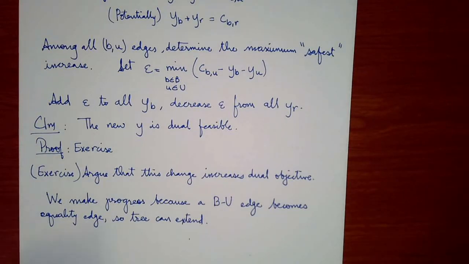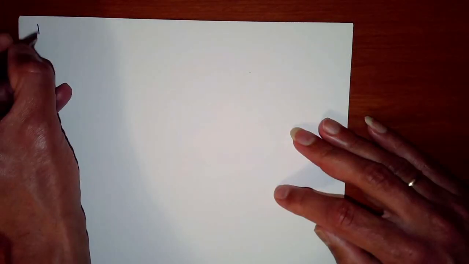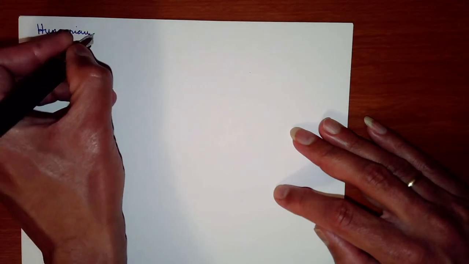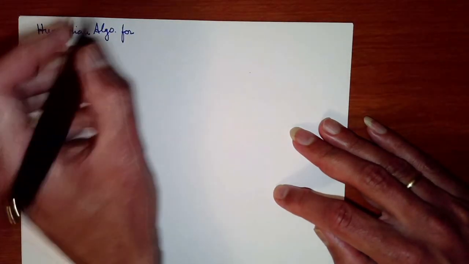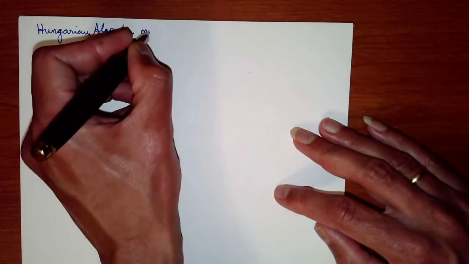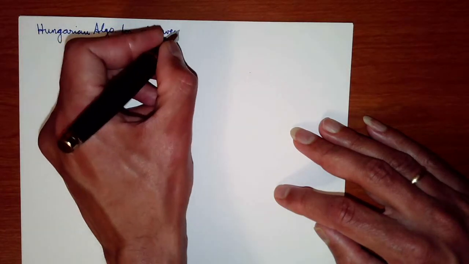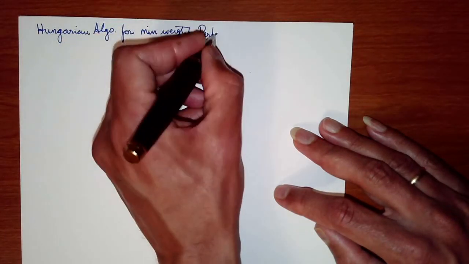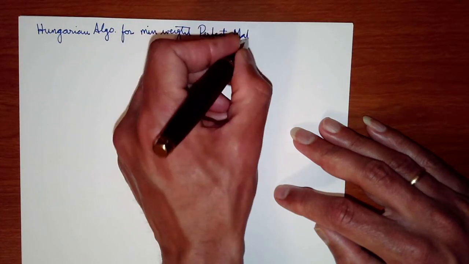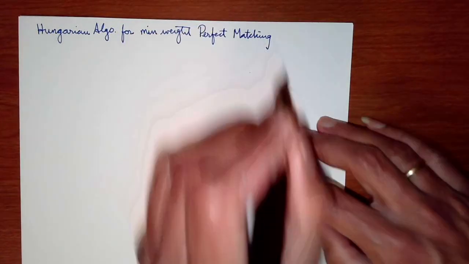So let me now write down the Hungarian algorithm in full detail so that you have it in front of you. So this is the Hungarian algorithm for min weight perfect matching.